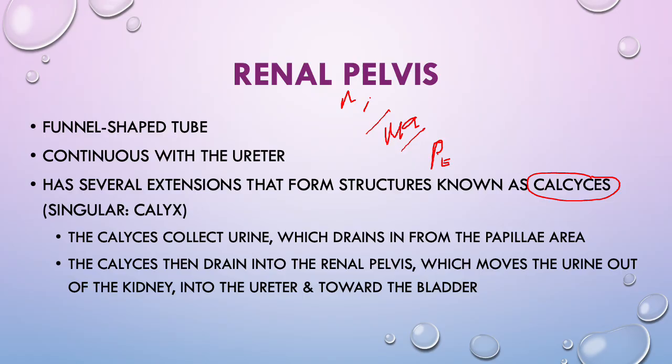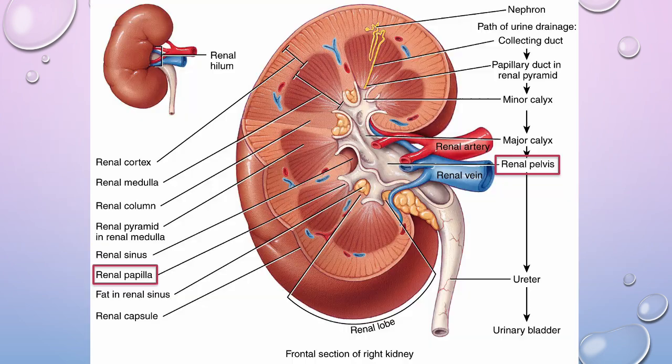This is where urine starts to drain from the nephrons down to the ureters, okay? And we see it here, and this will make more sense. So we have the minor calyces here, then we have the major calyces, and then we have the renal pelvis.